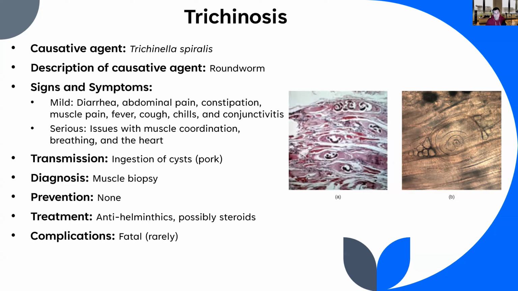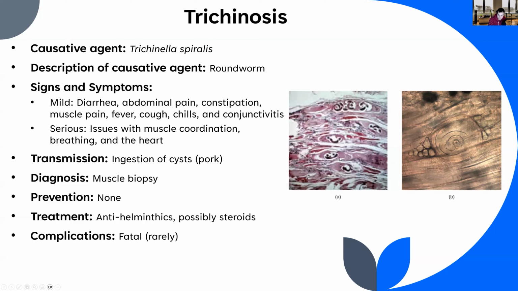Mild symptoms include diarrhea, abdominal pain, constipation, muscle pain, fever, cough, chills, or conjunctivitis. However, depending on which muscle tissues they encyst in, you could get issues with muscle coordination, breathing, and the heart, which could potentially be fatal. Rarely, but if it damages the right muscles, you can get that issue.